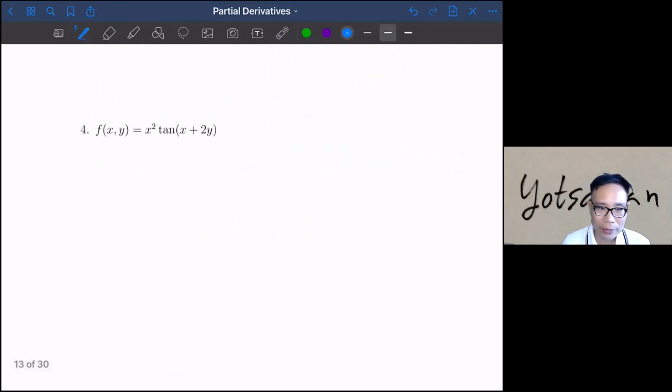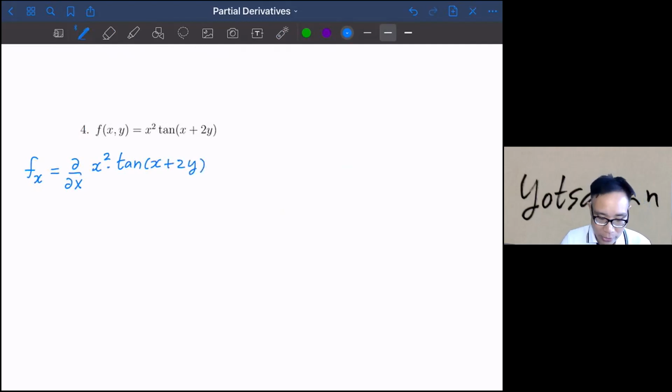The next one, you have f(x,y) equal to x squared tan of x plus 2y. So the thing that we're going to do is find the derivative with respect to x and with respect to y. fx is going to be d/dx of x squared times tan of x plus 2y.